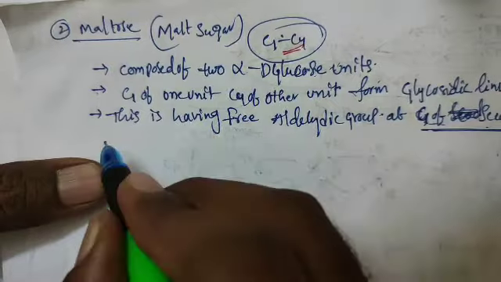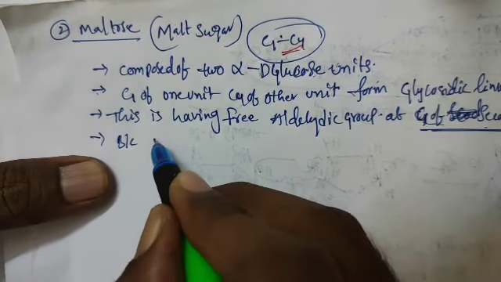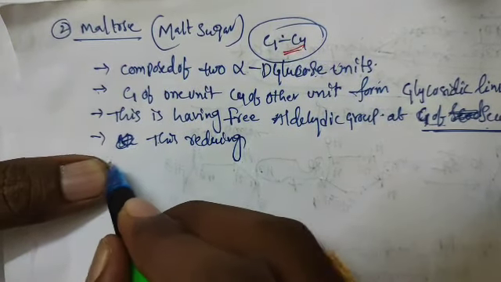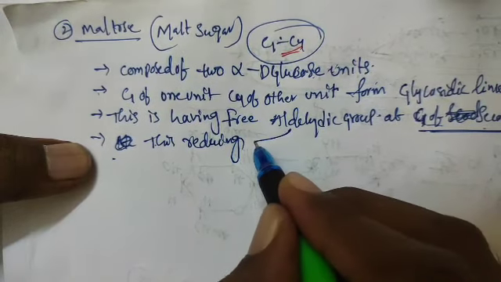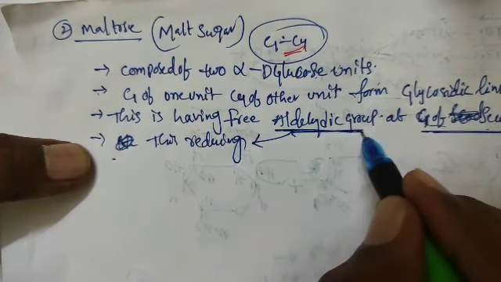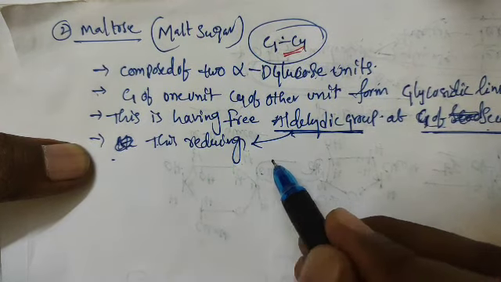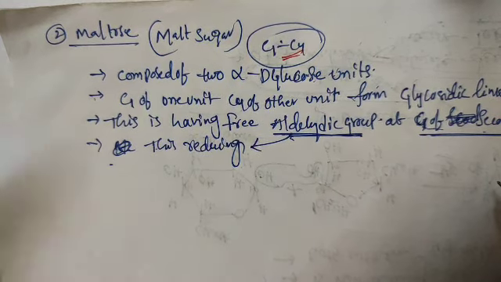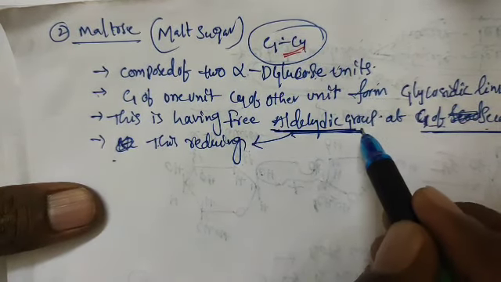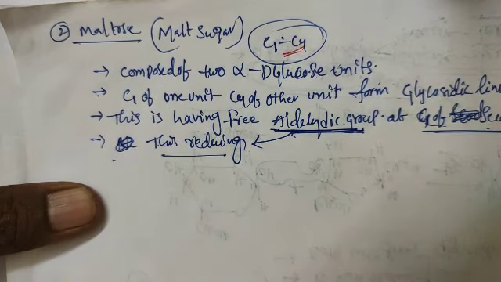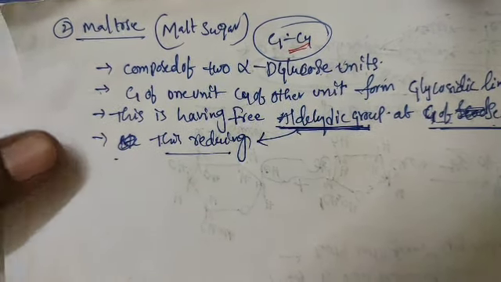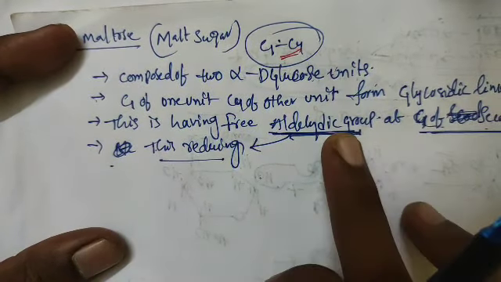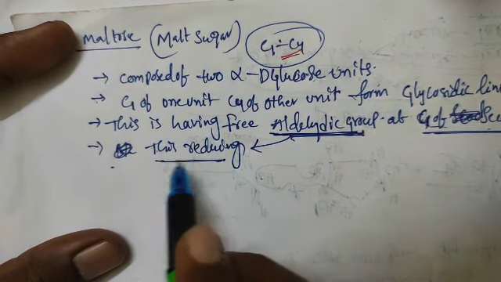Next, it is a reducing sugar. Why is it a reducing sugar? Due to formation of the aldehyde group. It is having an aldehyde group, that's why it is a reducing sugar.